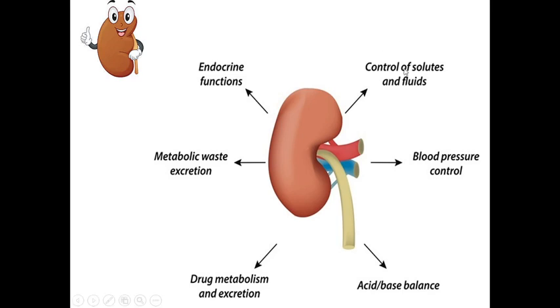Then it helps to control electrolyte balance and water balance. By controlling the water balance, it also helps to regulate the blood pressure. It helps to maintain the acid-base balance in the body, and the kidneys also help to metabolize drugs and in excretion of drugs after their action.